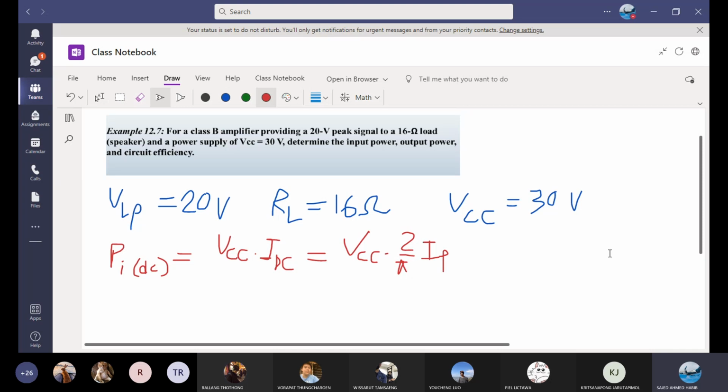What is the peak current? Peak voltage over load, Ohm's law. Yes, 30 times 2 over pi multiplied by what? What will you write in the place of IP?